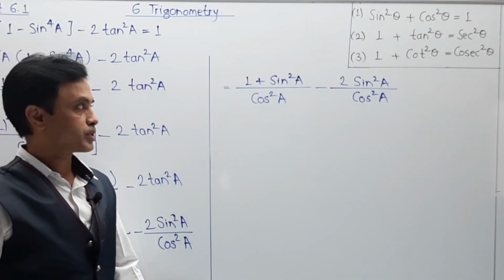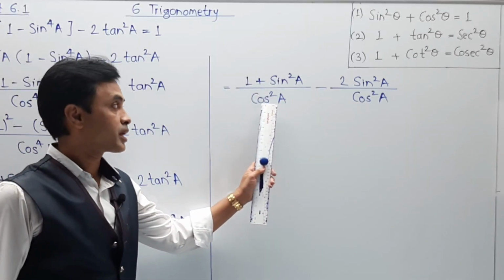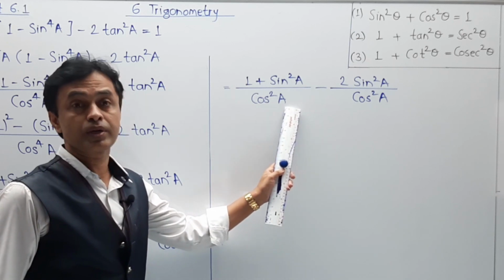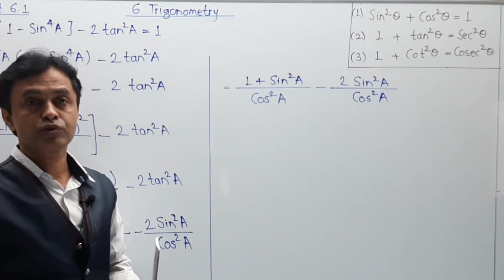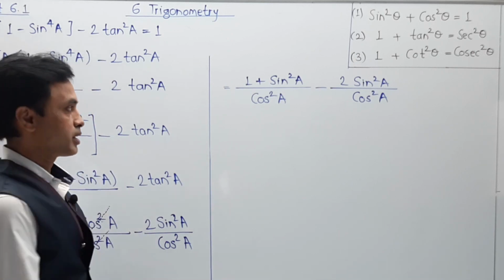Now what is the advantage of this step? The advantage of this step is that at the first step you are getting cos square a, which is a base, and at the second step cos square a, that is also a base, and that gives you a lead to the final conclusion of the answer.